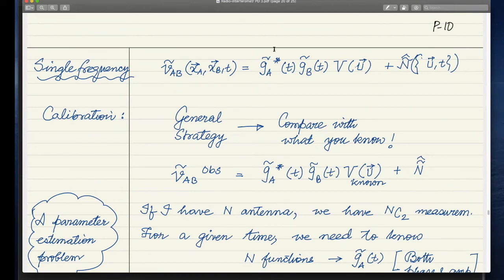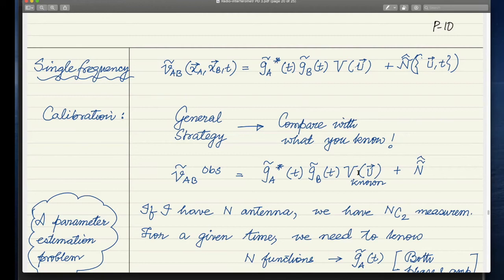The only terms that I have left here are the gain term of the antenna A and the gain term of the antenna B. So what is calibration? In general, calibration means that you have data for which you need to know the scales. You calibrate it by observing what you already know, the scale, right? That is a very general method of calibration.